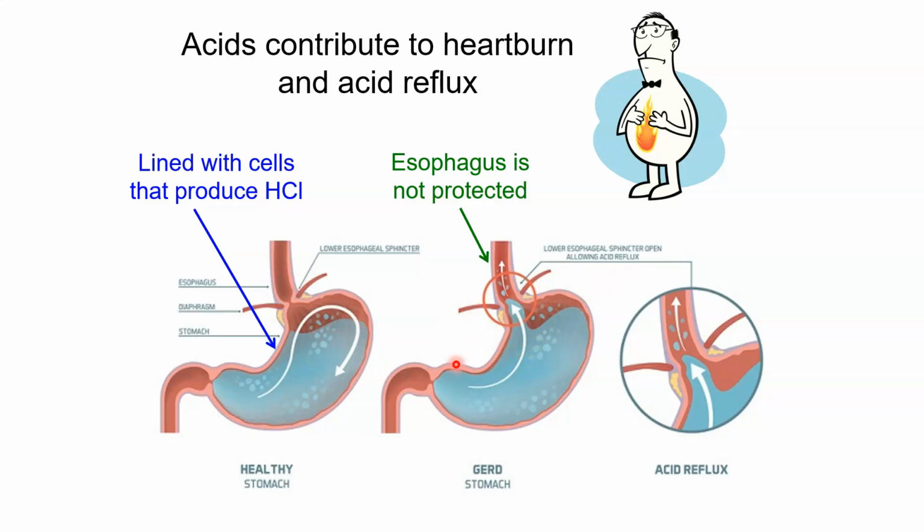So when the lower esophageal sphincter is open, which is what happens if you throw up, for example, then you get this acid reflux where the acid refluxes up into the esophagus. So GERD is the disorder for this. Acid reflux causes this burning heartburn sensation because the acid is actually burning the cells of the esophagus.